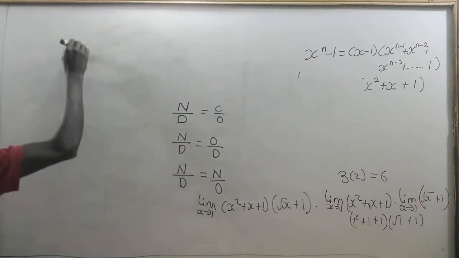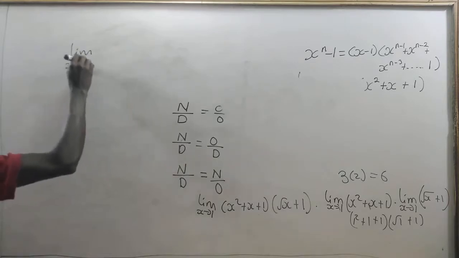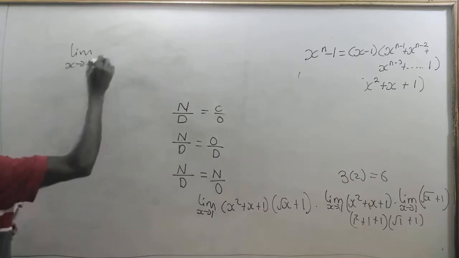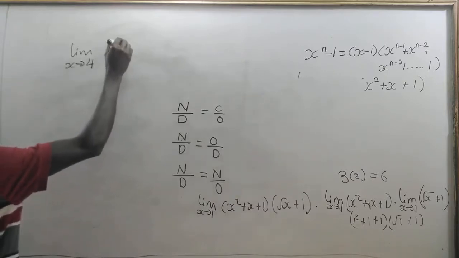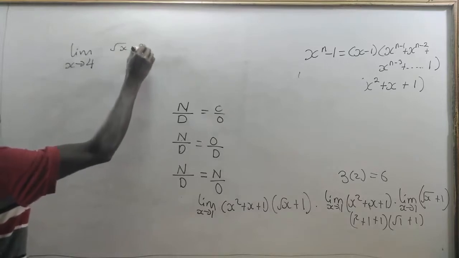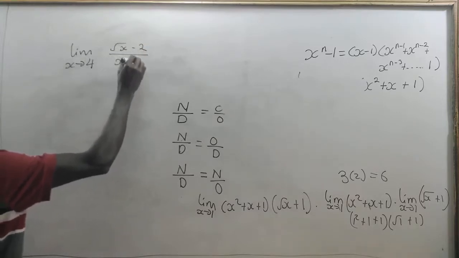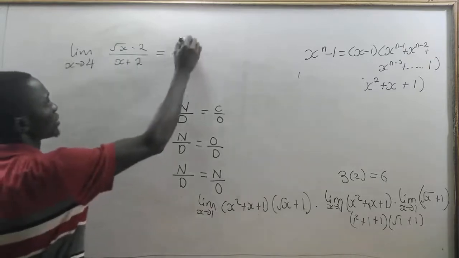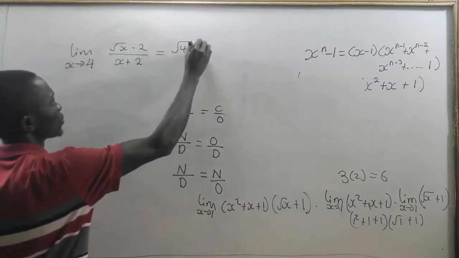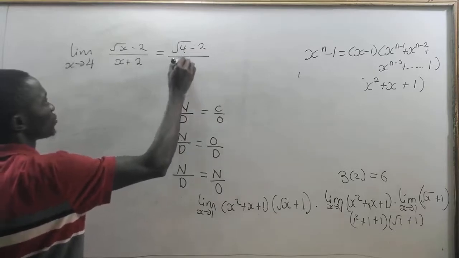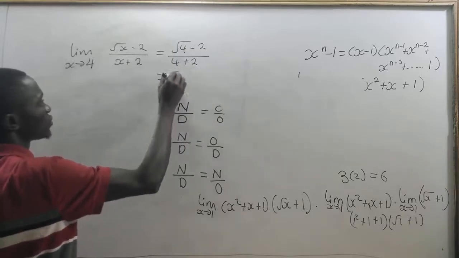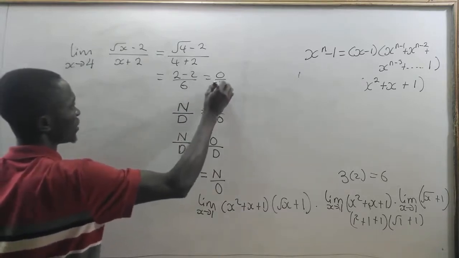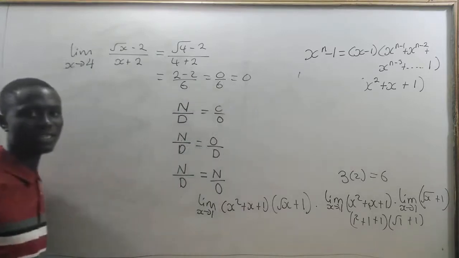Here, if we take the limit as x approaches 4 of the square root of x minus 2 divided by x plus 2, upon direct substitution, we are going to get the square root of 4 minus 2 divided by 4 plus 2. And that will give us 2 minus 2 divided by 6. That is 0 divided by 6, and that is 0. That's our answer.